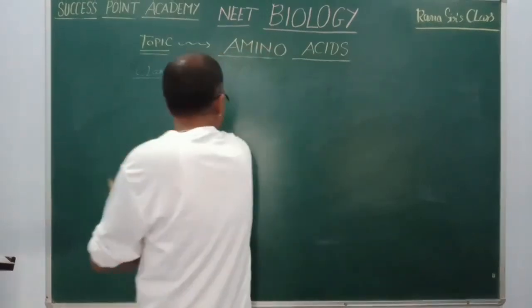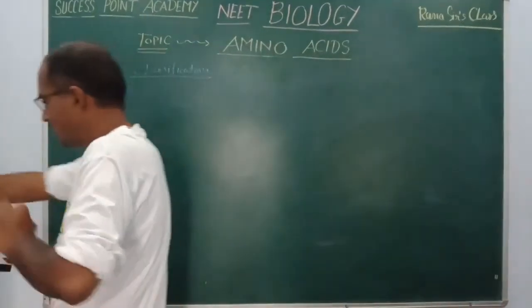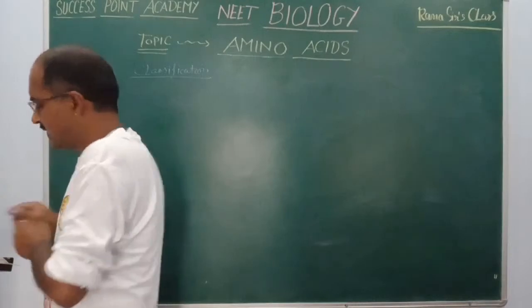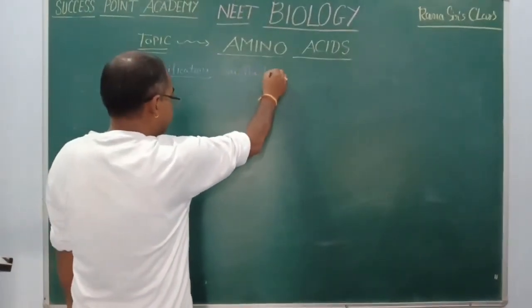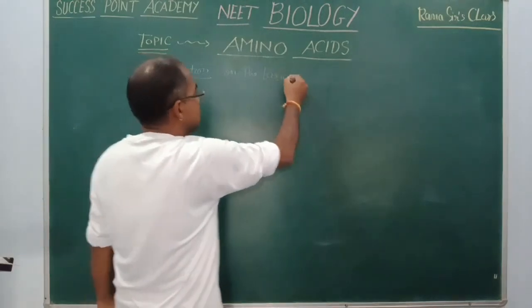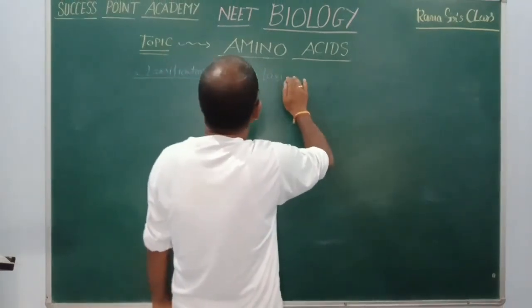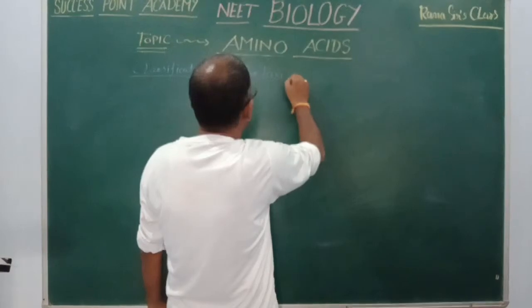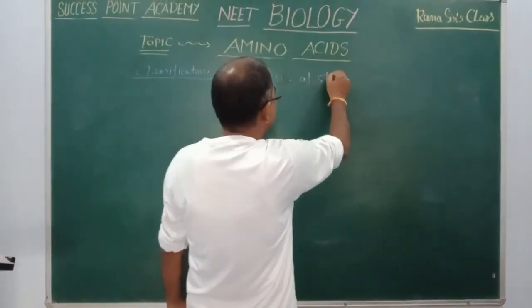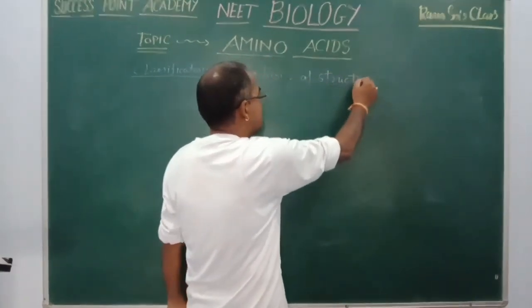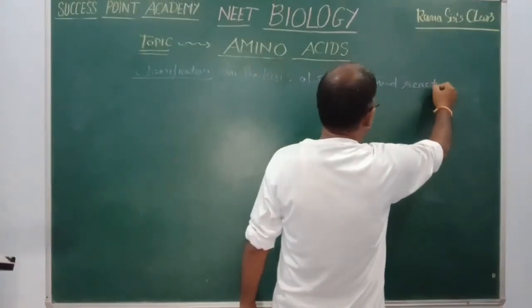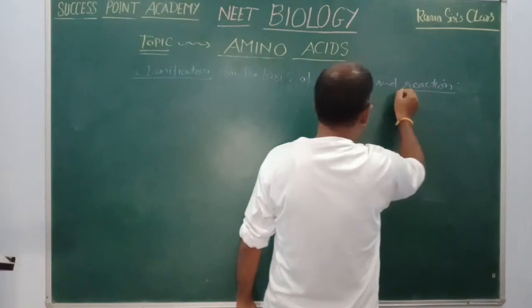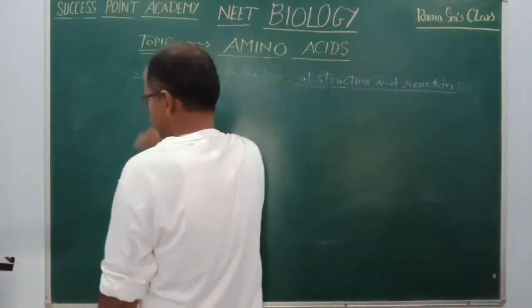So, classification of amino acids on the basis of their structure and reaction. So let us see how it happens.